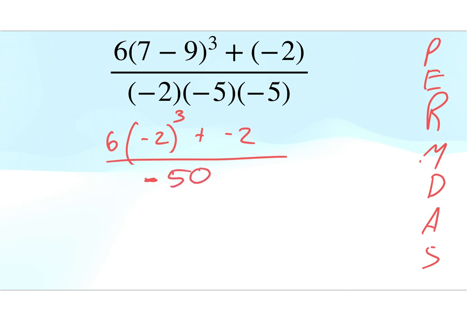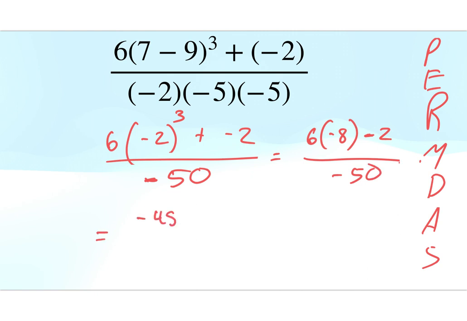My numerator, I'll have 6 times negative 8, and then minus 2, because plus a negative is minus. In the denominator, I have negative 50. In the numerator, I'll have negative 48 minus 2 over negative 50. So I'll have negative 50 over negative 50, which is 1. That was nice.